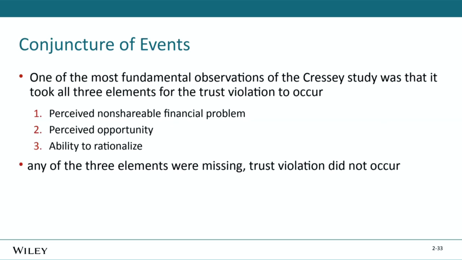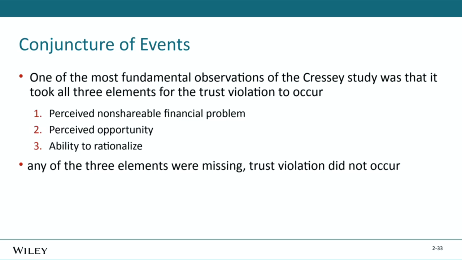Okay. Now then, excuse me. One of the most fundamental observations of Cressy's study was that all three elements had to be present for the trust violation, for the fraud to occur.